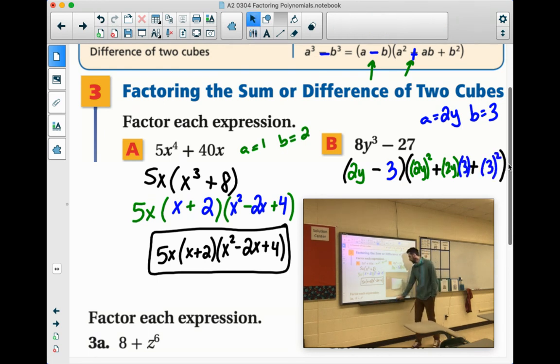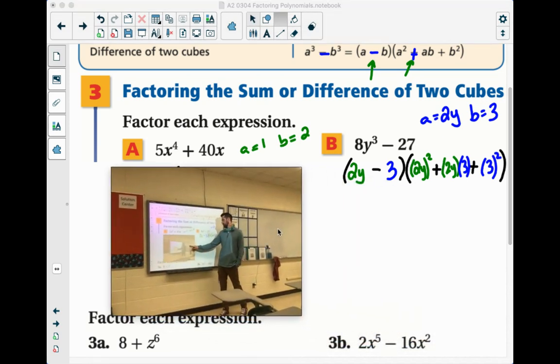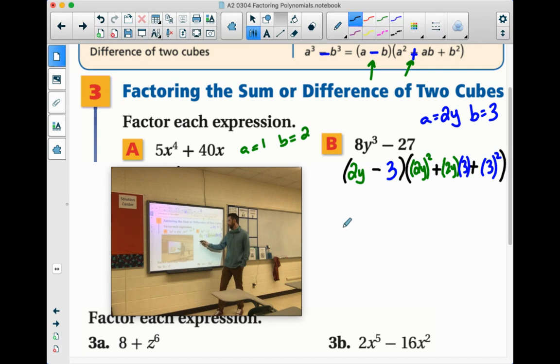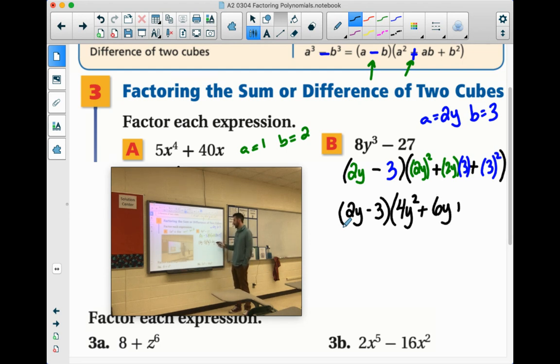Then we just simplify what we can. So 2y minus 3, nothing to do there. But the trinomial, 2y times 2y would be 4y squared. 2y times 3 is 6y. And 3 squared is 9.